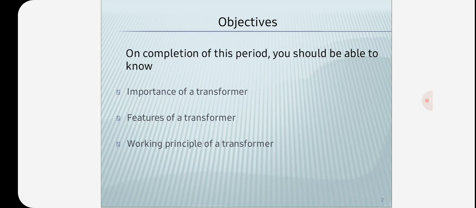These are the objective points of the first chapter. Today we will discuss only a few topics: the introduction of transformers, features and working principle.